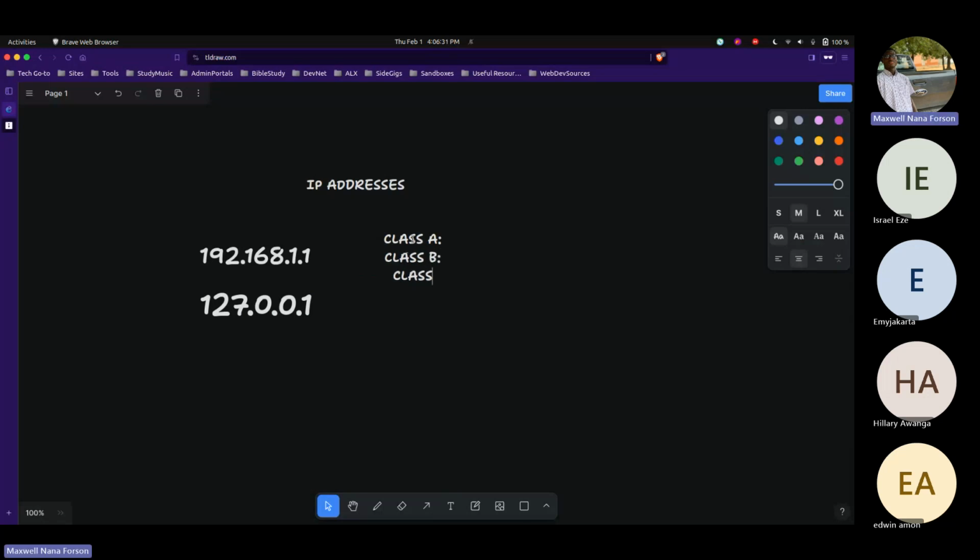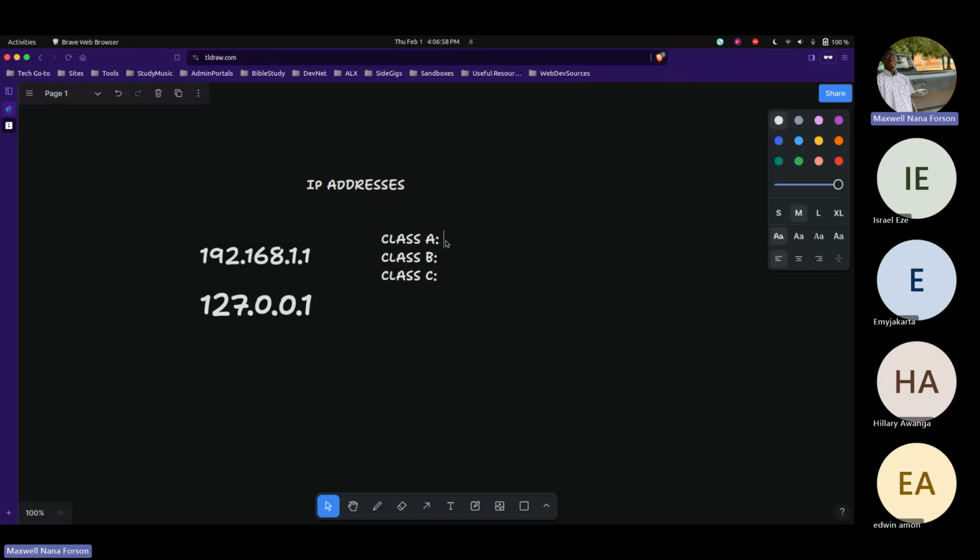For all of these, they have where they start and where they end, so it's very good for you to know that. I was saying that we call them octets. So there's the first octet, second octet, third, and fourth.